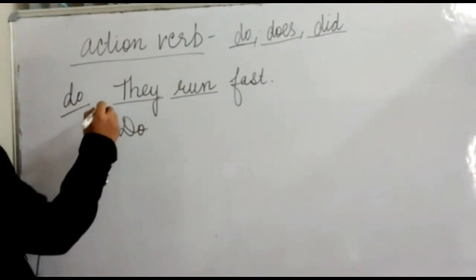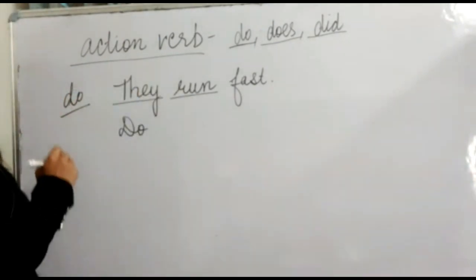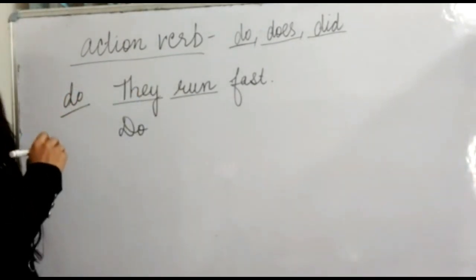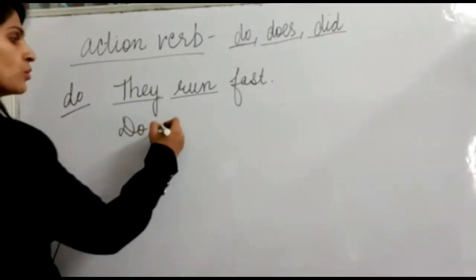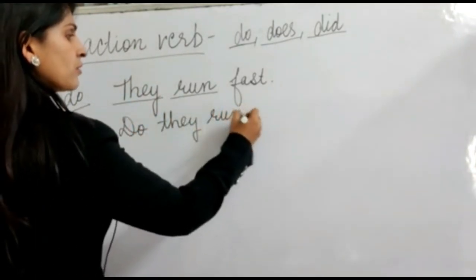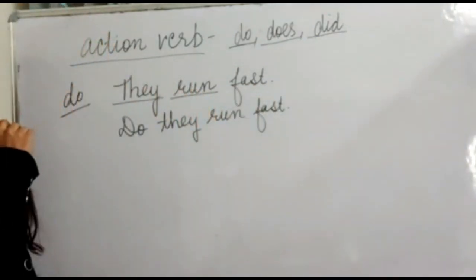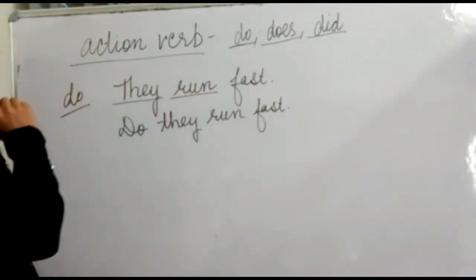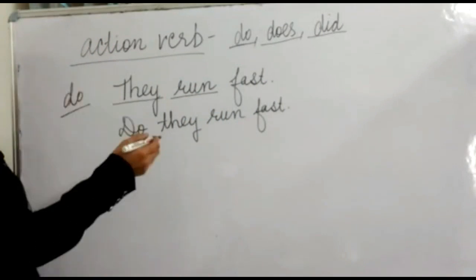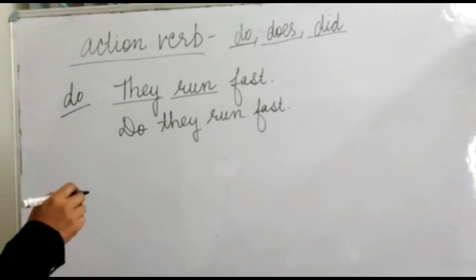When we have the plural subject and the verb is in present, the interrogative sentence always starts with do. Do they run fast? And we use the present verb only. The present form of the verb given in the sentence is used.